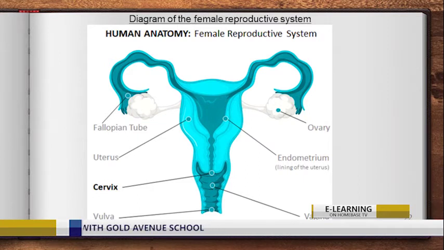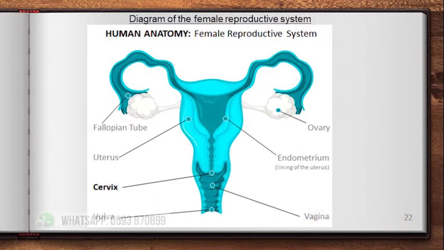So, on your screens, you can see, to my left, we have the fallopian tube. That's how it looks like. We have the uterus. So all the inside is what we call the uterus. Then the cervix, as you saw earlier on, the entry point. So that is the neck of the cervix.